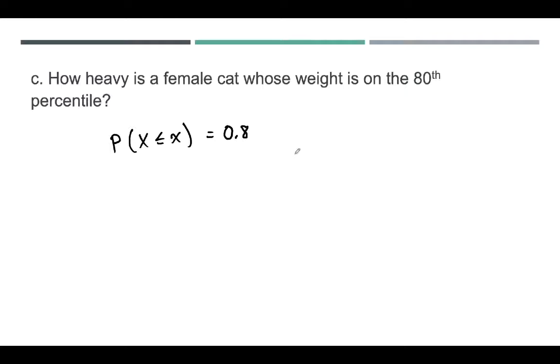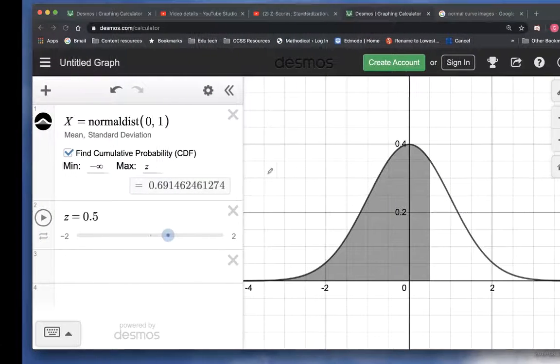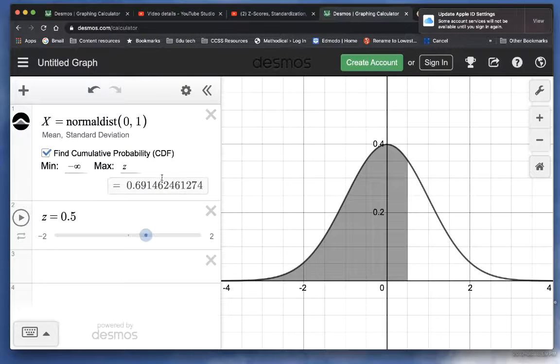Okay, so how do we find this x? We'll start with the z score. We want to find a z that has a probability of 0.8. So let's go back. Again, as always, you can do this from a table, and on the table you would look for the value that's 0.8, or as close as you can get to 0.8.